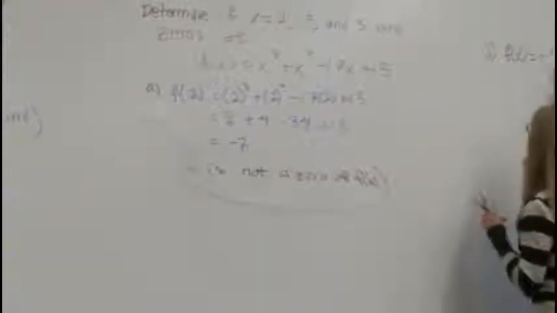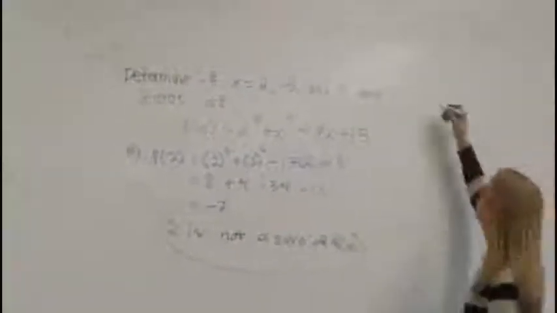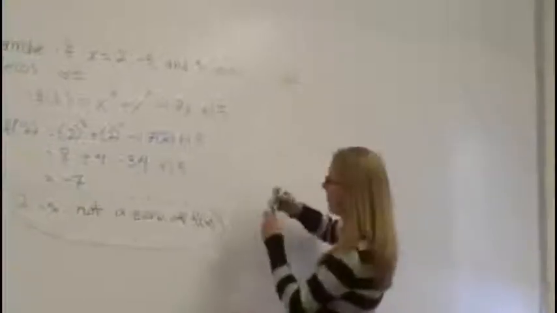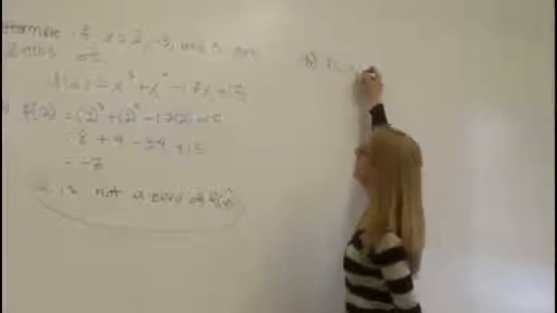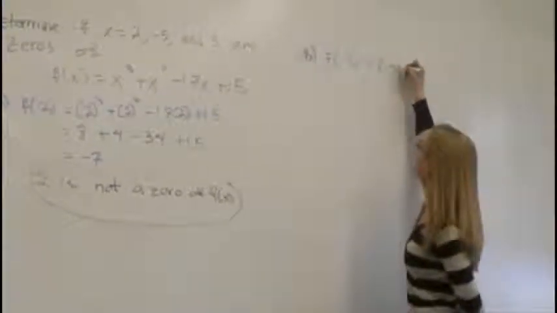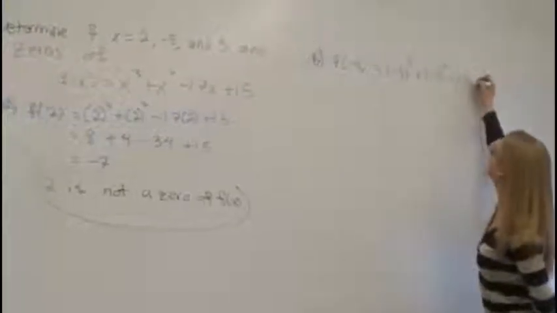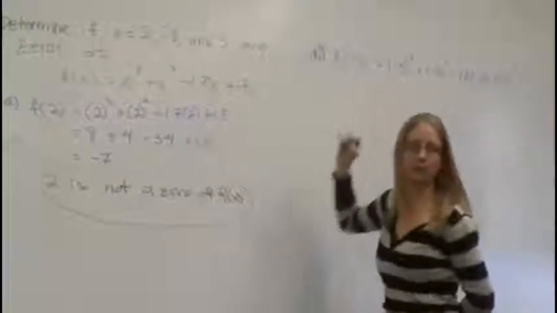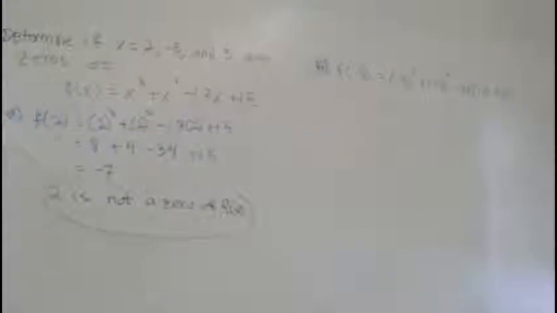Then you're going to do the same thing for the other 2 problems. This is now going to be your part B, plugging negative 5 into the function. So this gives me negative 5 cubed plus negative 5 squared minus 17 times negative 5 plus 15. You could do that without your calculator.